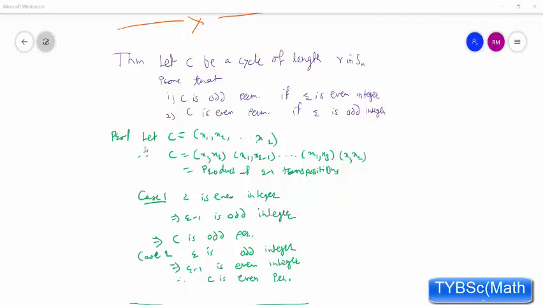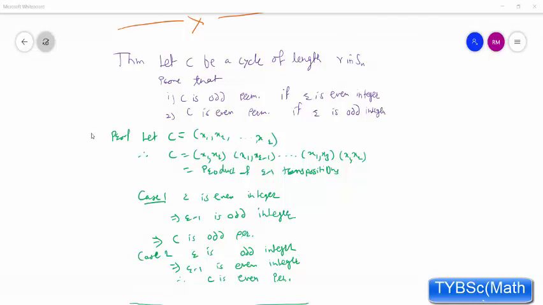Suppose we take the cycle C equal to (1, 2, 3), meaning 1 goes to 2, 2 goes to 3 and 3 goes to 1. This cycle has length 3, and is it odd or even? Just think on it. So you will get the answer.